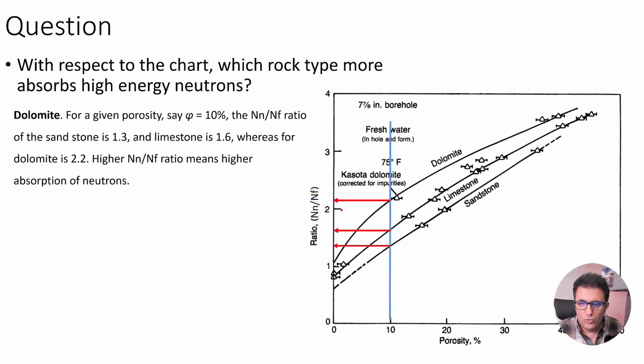So the answer is dolomite. For example, if you consider the porosity to be 10%, the Nn over Nf ratio for sandstone is about 1.3, for limestone is 1.6, but for dolomite is 2.2. That means that dolomite attenuates neutrons more significantly.